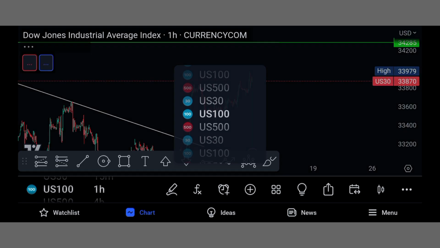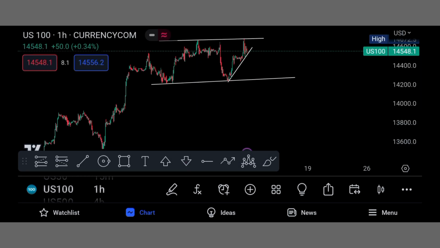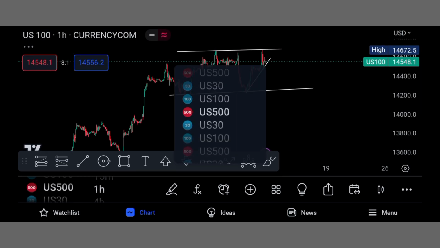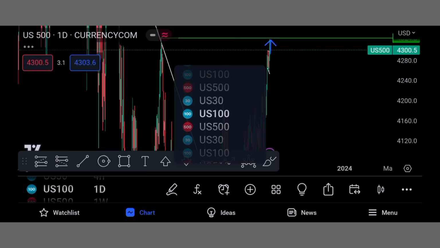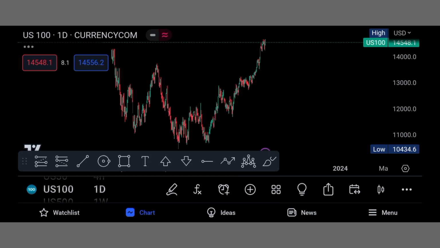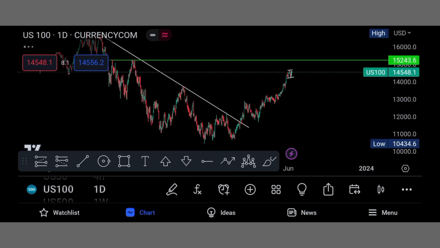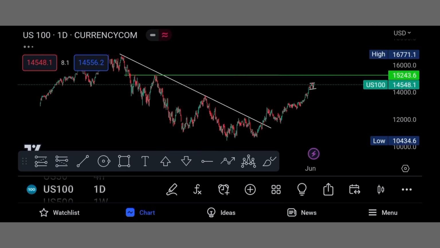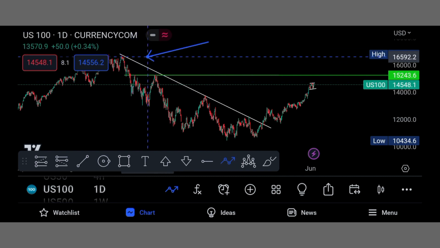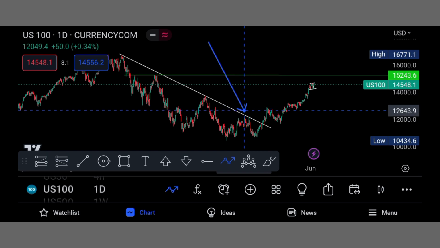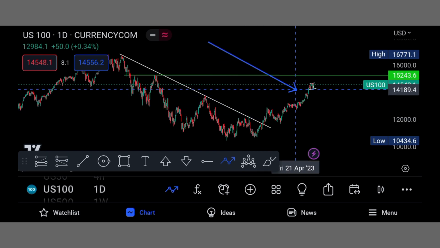Moving over to US100. On US100, guys, if we go to the daily time frame, you can see that over here we had our first touch, second touch, third touch, broke, went to the upside, right?